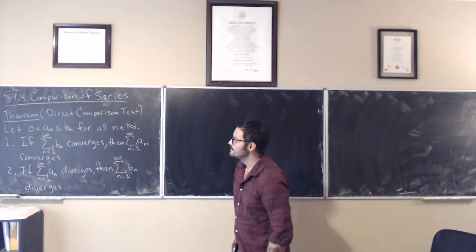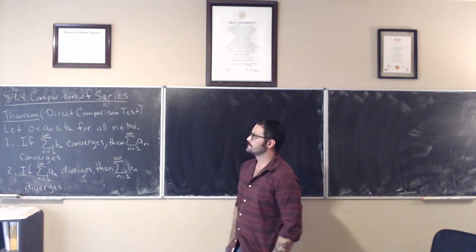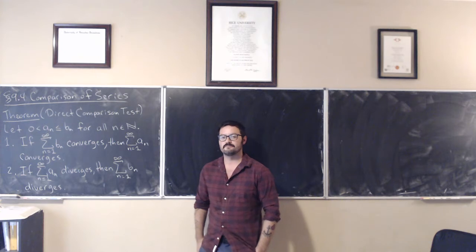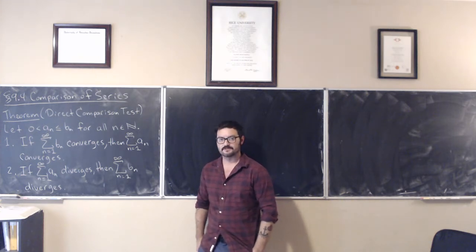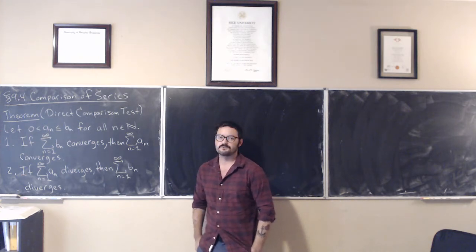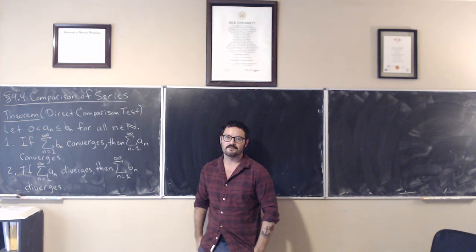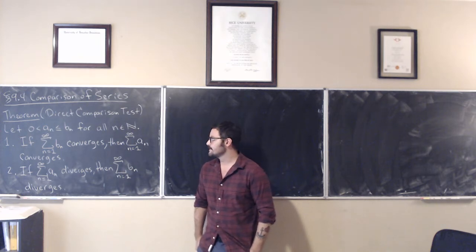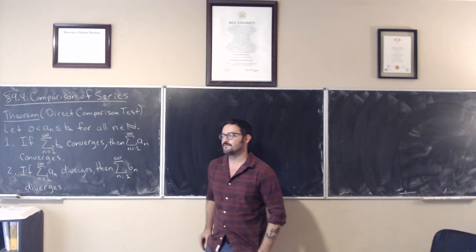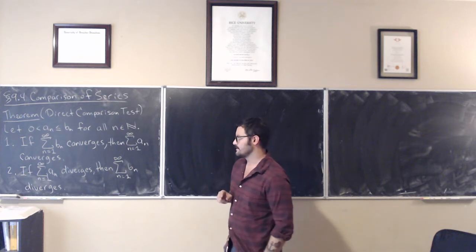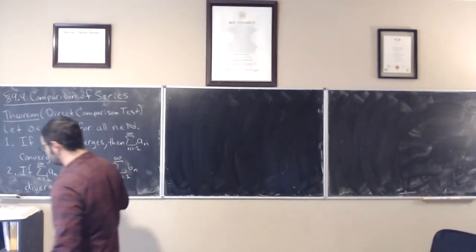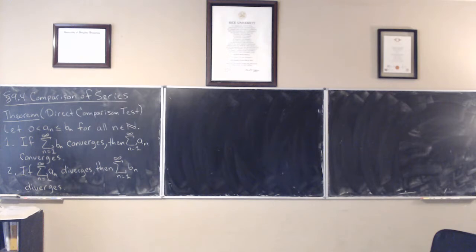So what does it say? It says that if 0 is strictly less than a_n, so a_n is going to be a positive term, which is less than or equal to b_n, again implying that b_n is a positive term, and that inequality holds for every natural number n, then we have two parts to the theorem, which are logically equivalent, and I'll get into that in a moment.